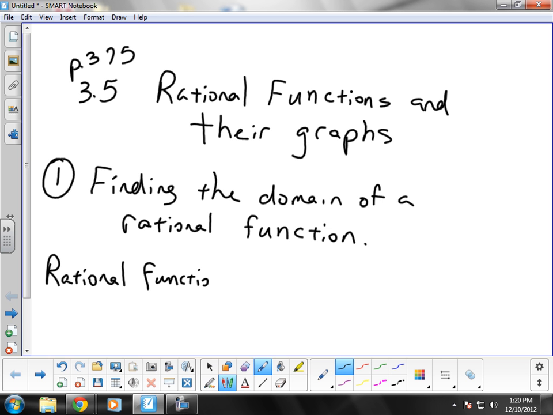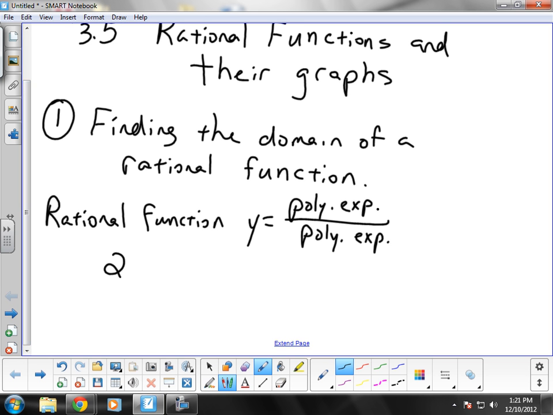That's a good guess. Y equals. Remember that a rational function is a polynomial expression that's being divided by another polynomial expression. They're going to be kind of like the form of 2x plus 3 over x squared minus 1.